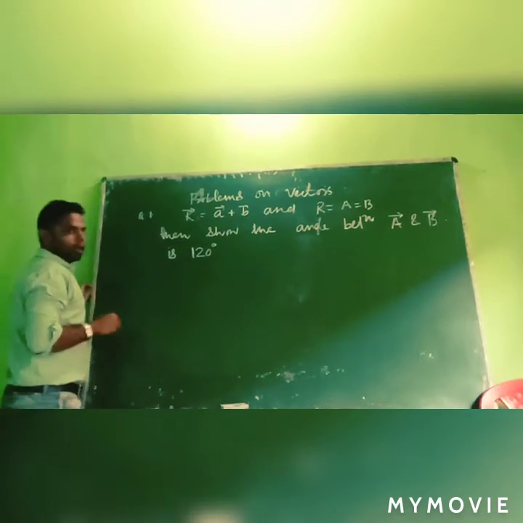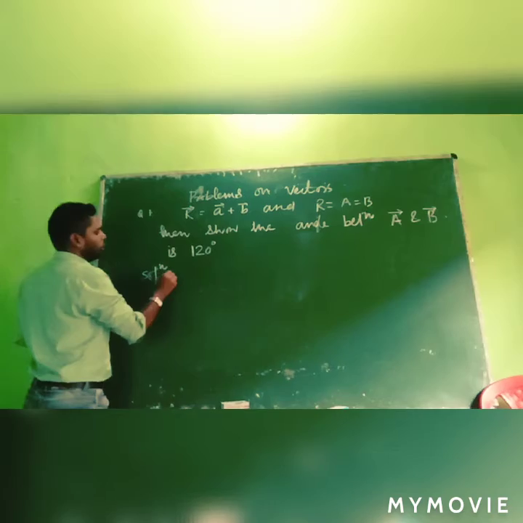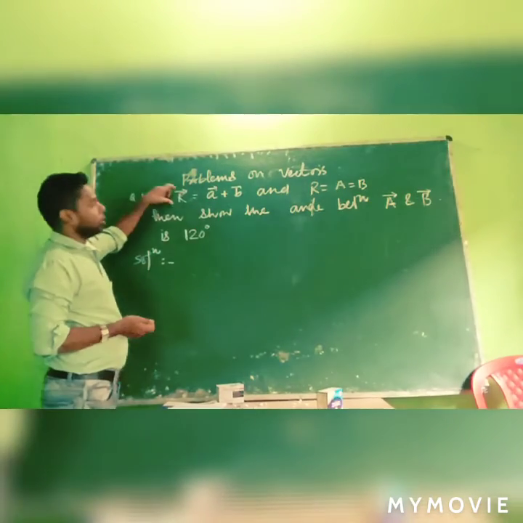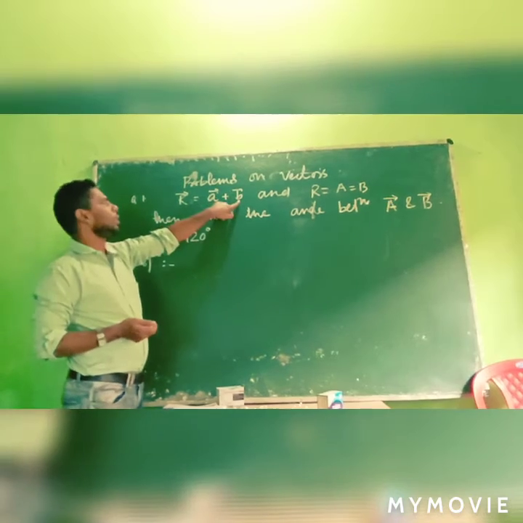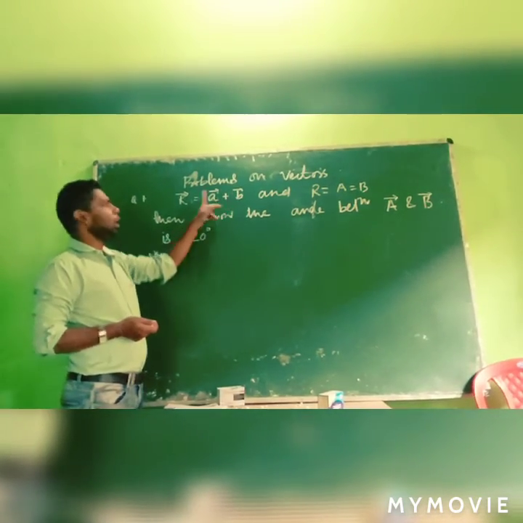It's very simple. First, we have to write down the formula of the resultant vector. Since a and b are component vectors, a plus b equal to r.